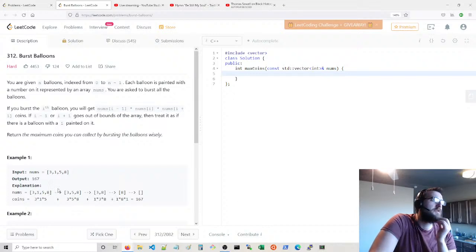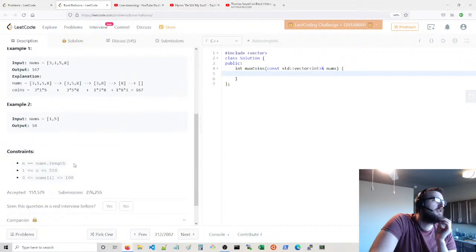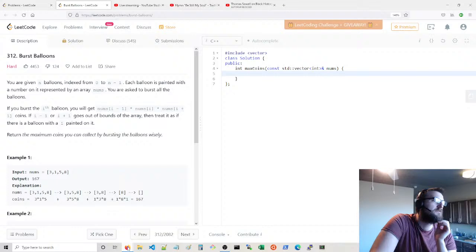I don't know if you could do that efficiently. I mean, I guess you could do this in cubic time. So you just take a linear amount of time to figure out which ones you've already popped, and move from left to right on your array.